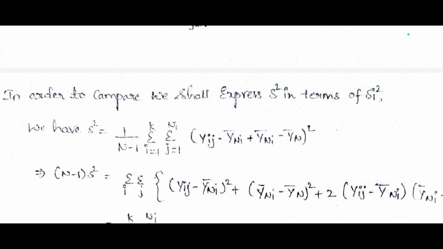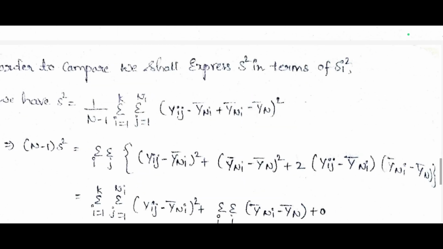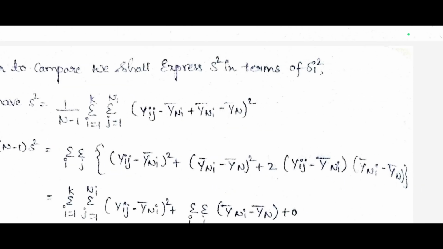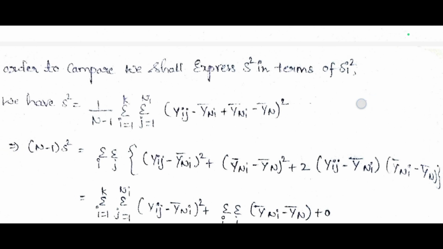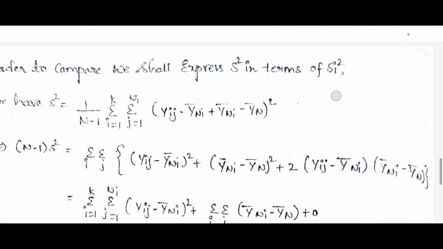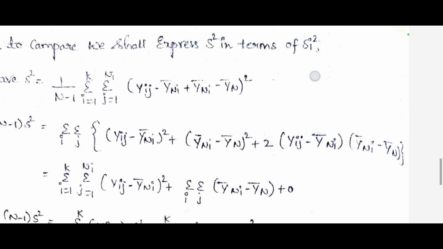So if you do the expansion, you can use the (a + b) whole square formula. You can take y_ij minus ȳ_i as one term, and ȳ_i minus ȳ_N as another term. So (N − 1) S² is equal to the double summation of this expansion.